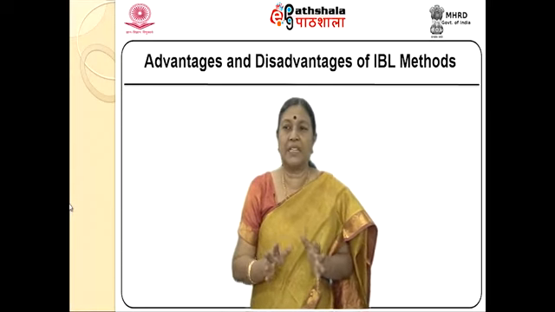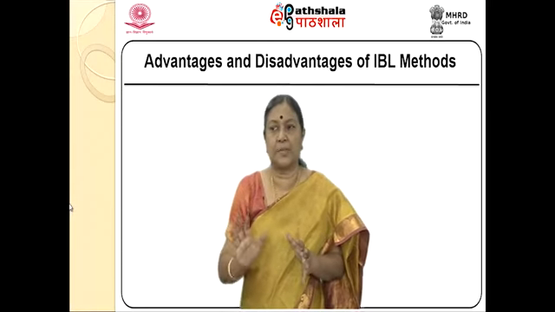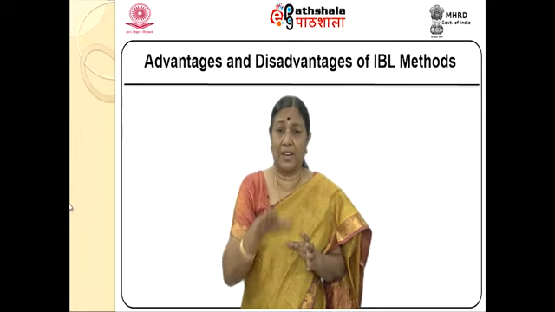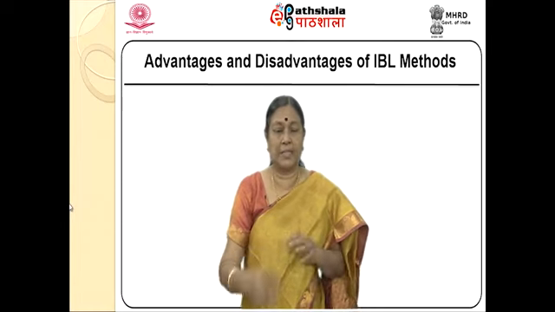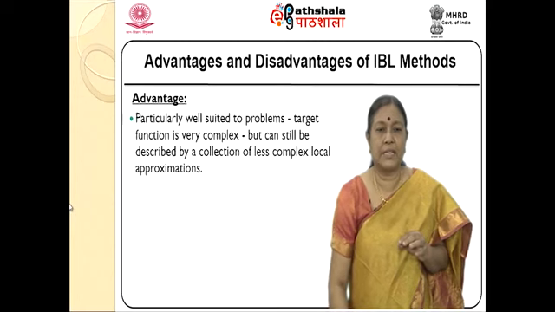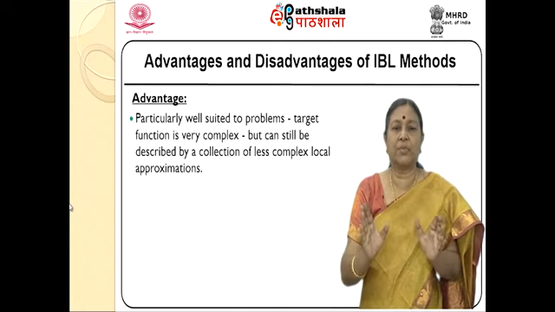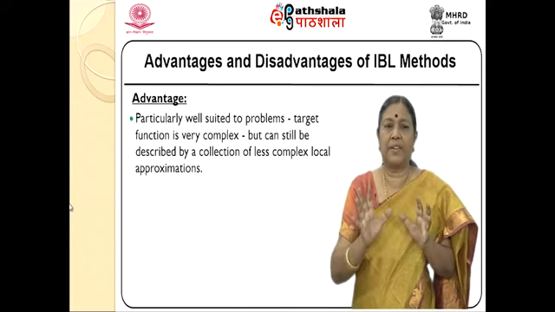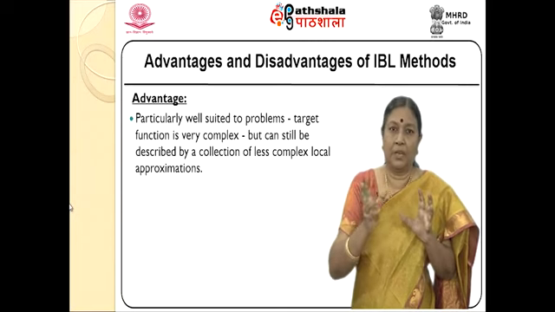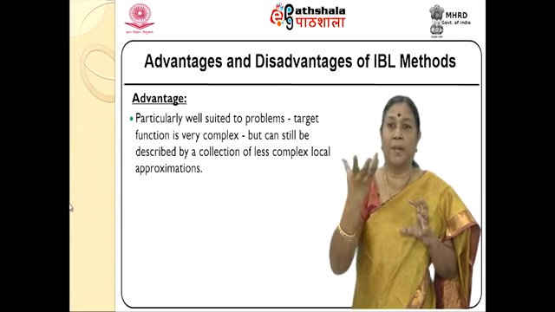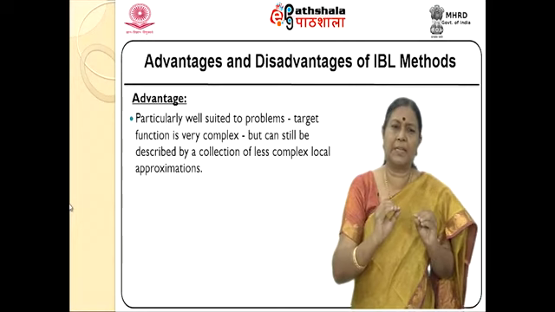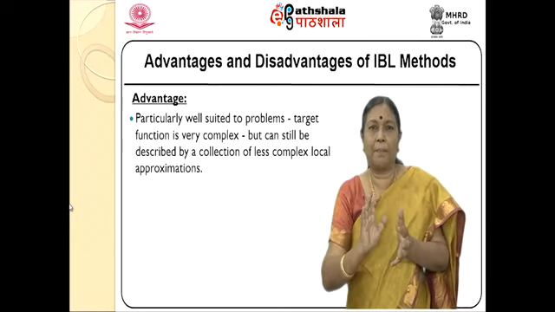So what are the advantages and disadvantages of these instance based methods? We are not looking at eager methods now, only at lazy methods, which is the IBL. The advantage is that it is particularly well suited for problems where the target function is very complex, because you cannot approximate it globally, but it can be described by a collection of less complex local functions.